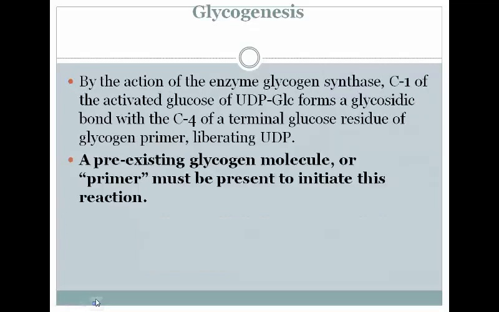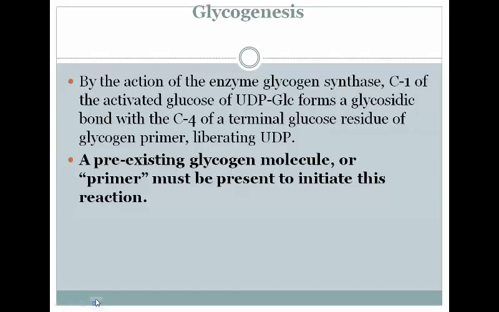Now this UDP glucose is ready to form a 1,4-glycosidic linkage with an existing glycogen molecule or to attach to a primer, and that requires the enzyme glycogen synthase, where carbon 1 of the activated glucose of UDP glucose forms a glycosidic linkage with carbon 4 of a terminal glucose residue of the glycogen primer, with liberation of UDP.